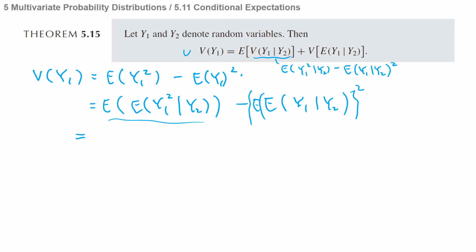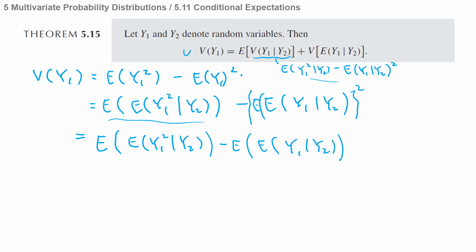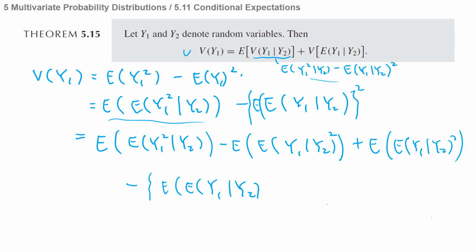So we need the expected value of y1 squared given y2 minus the expected value of y1 given y2 squared, and plus the expected value of y1 given y2 squared, minus the expected value of y1 given y2, squared.